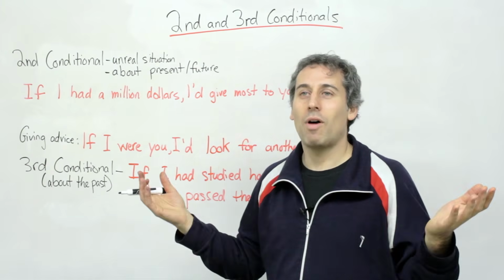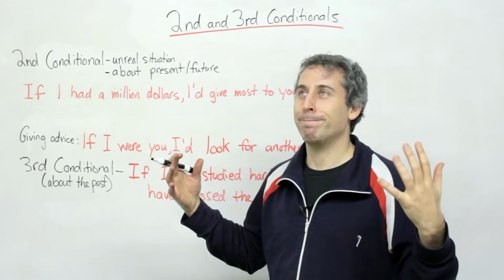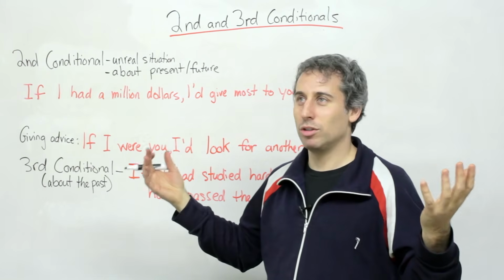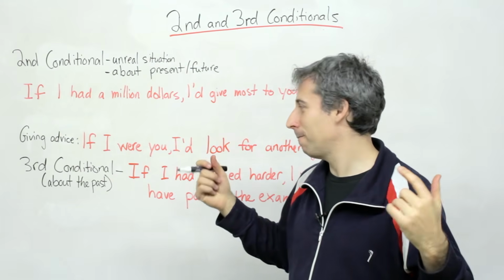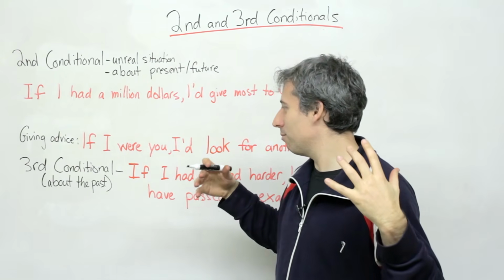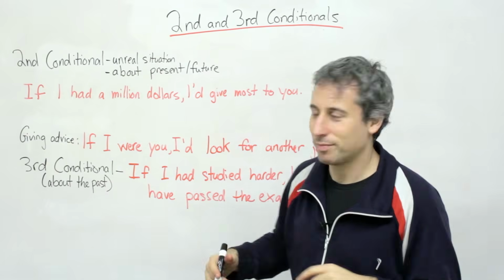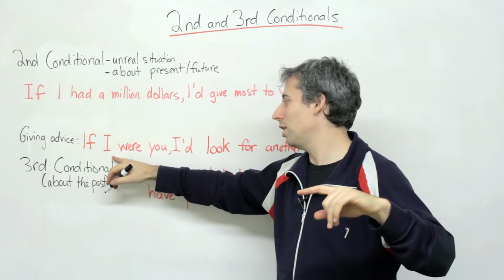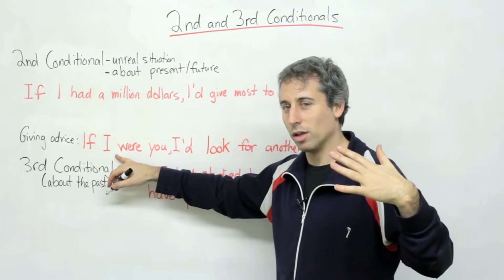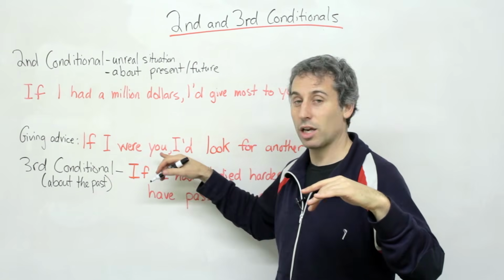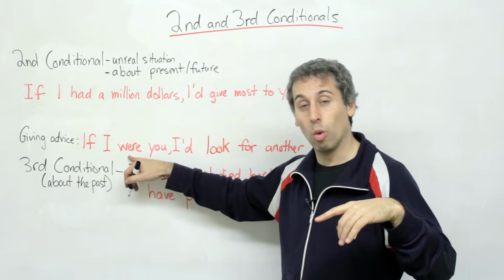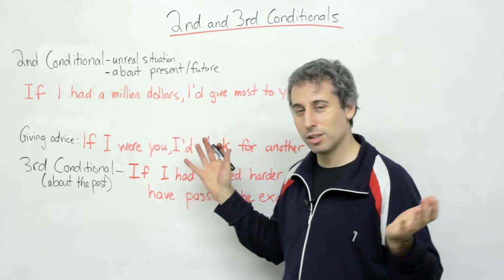Or if I were a girl, I would call myself Jennifer. The interesting thing here is usually we think I was, but when we're using the second conditional, we use the subjunctive form, which is were. We always use I were. Okay, so that's the second conditional.